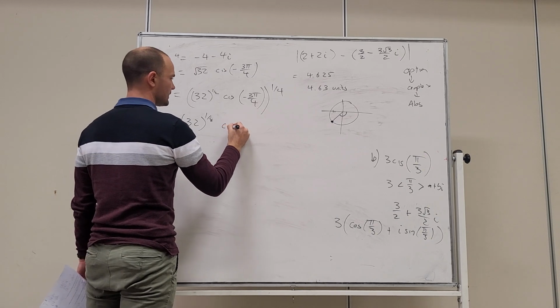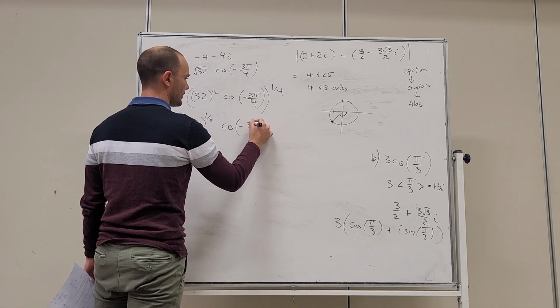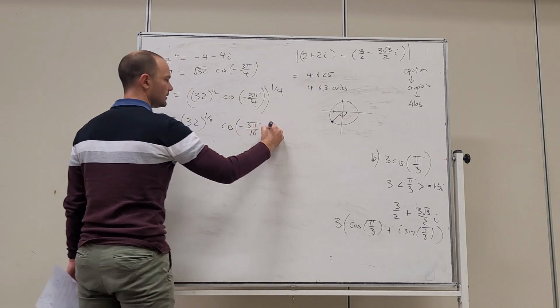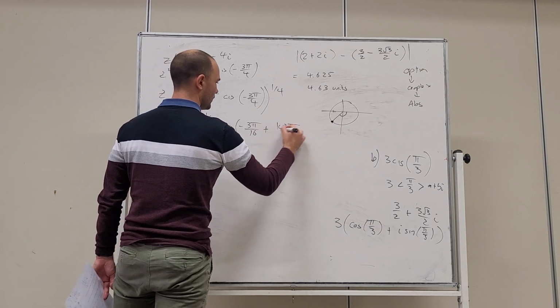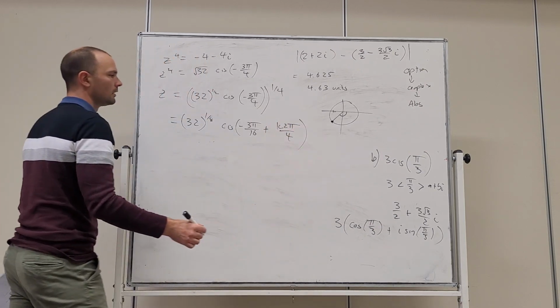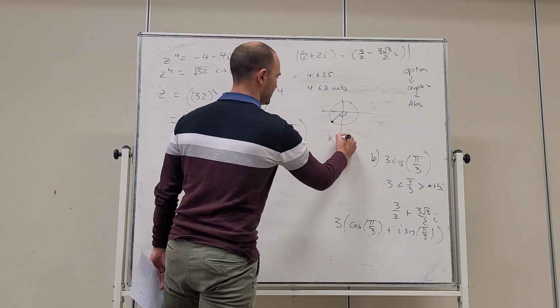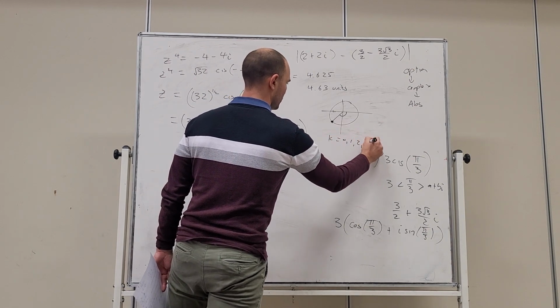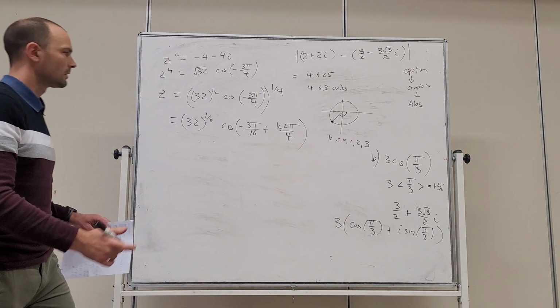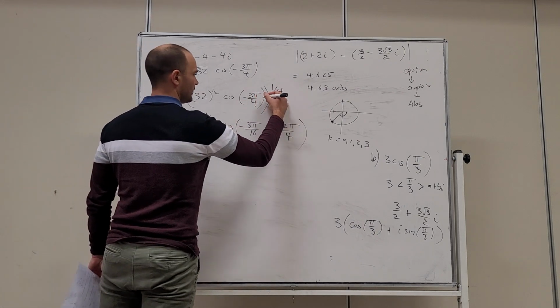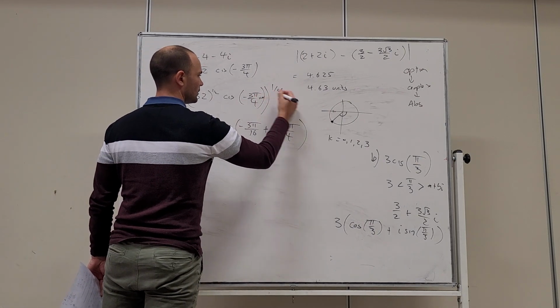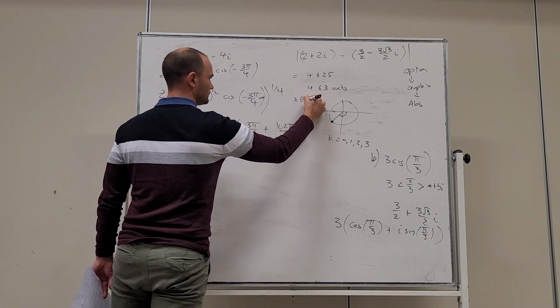And then we'll have cis of minus 3 pi on 16 plus k2 pi on 4, for k is 0, 1, 2 or 3. K is an integer.